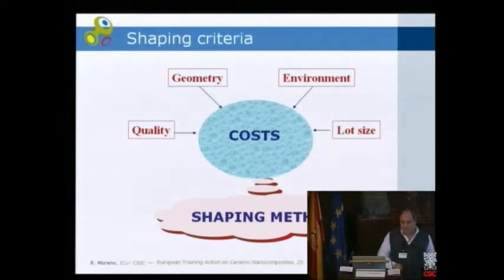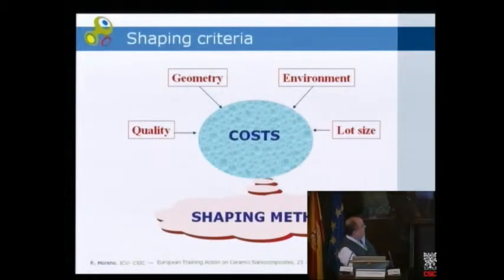Professor Gado has made a complete overview of the criteria to select processing conditions, and here is a brief summary in which I state that the shaping method depends on a few parameters: the quality of the component, the geometry of the piece we want to fabricate, the environmental conditions, and the lot size.